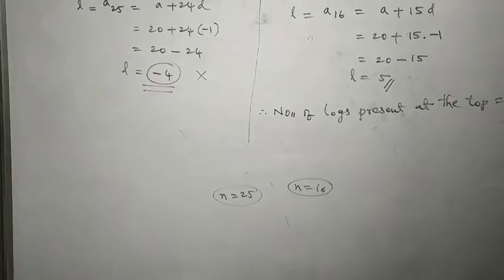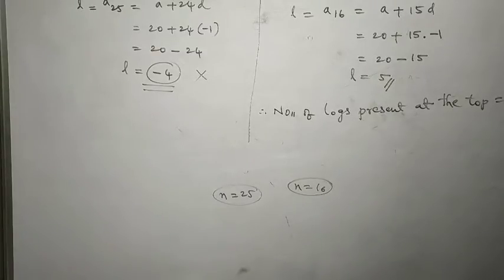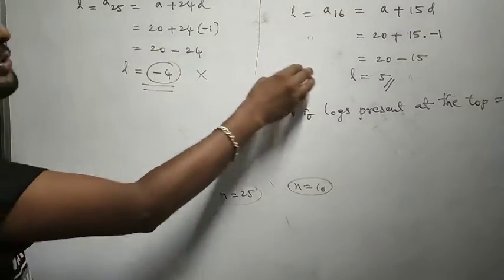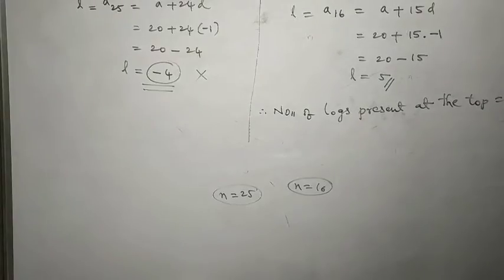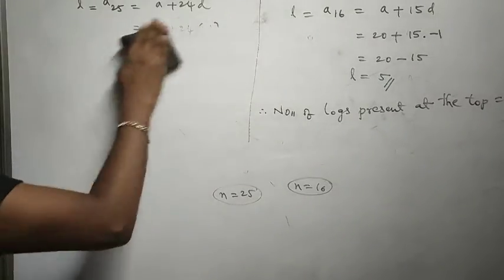What is the question here? If you arrange 200 logs one by one, that means first you arrange 20, later 19, then 18, 17, if you do like that, how many logs will be present at the top? So finally by this solution we understand that at the top we get only 5 logs.